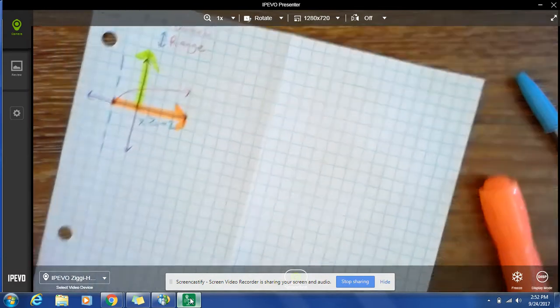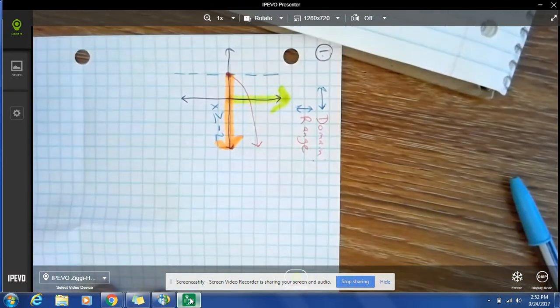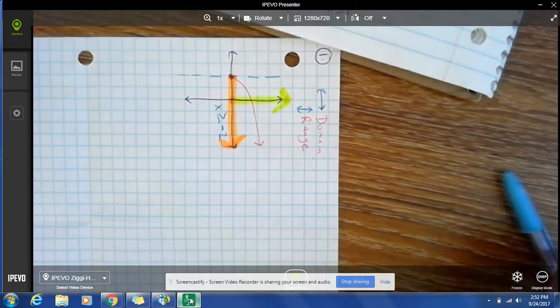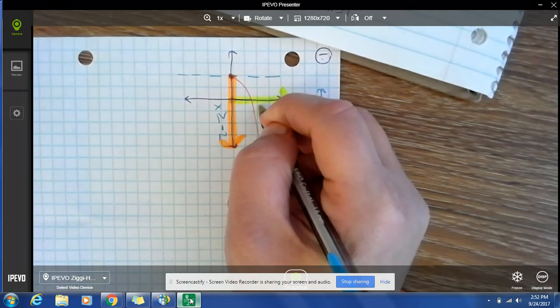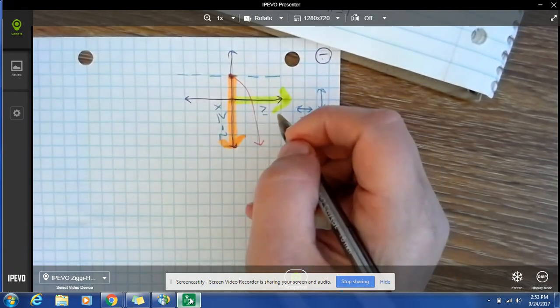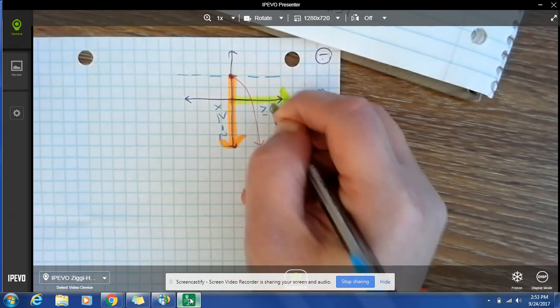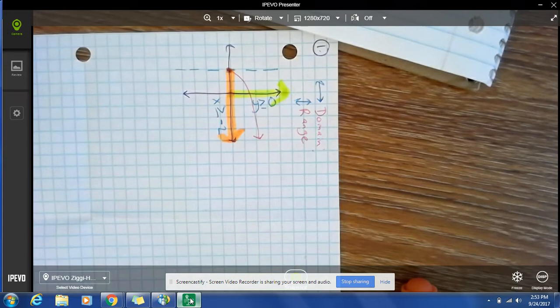So if we turn our paper sideways, we're starting at 0, we're getting greater, which means once again we're going to have greater than or equal to, because it is a closed 0, our closed circle that is. And so our range is y is greater than or equal to 0.